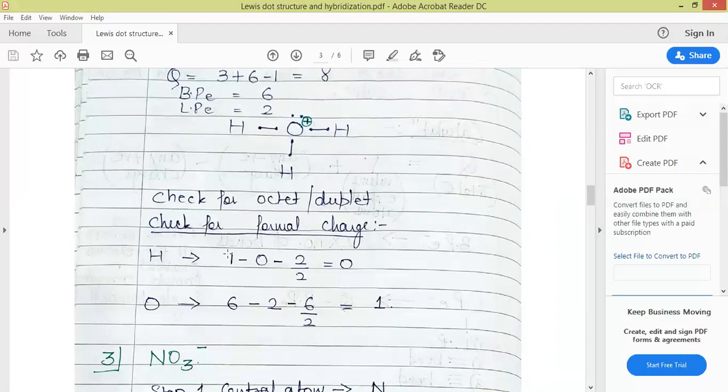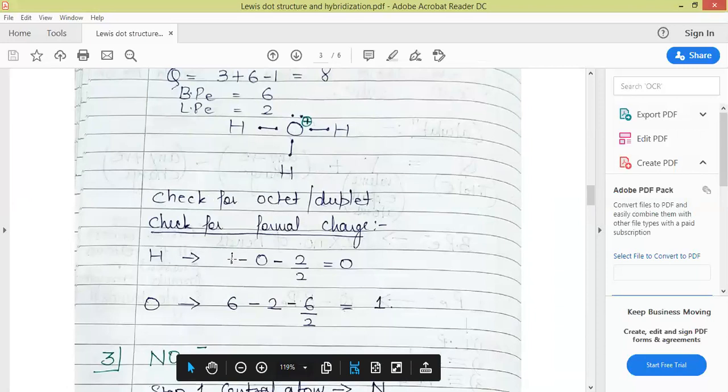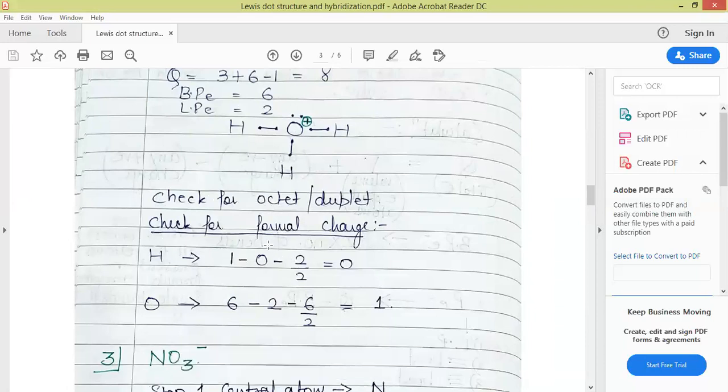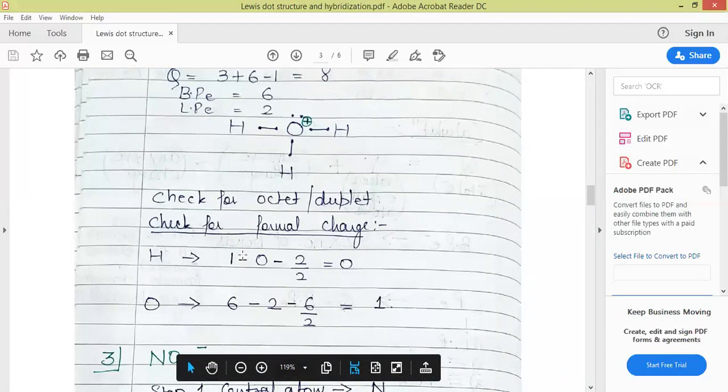For hydrogen, formal charge is valence electrons on hydrogen 1 minus lone pair electrons 0, no lone pair, minus bond pair electrons divided by 2. Bond pair electrons are 2, so 2 divided by 2 is 1. So as all the hydrogens are equal, formal charge on all the hydrogens is going to be 0.